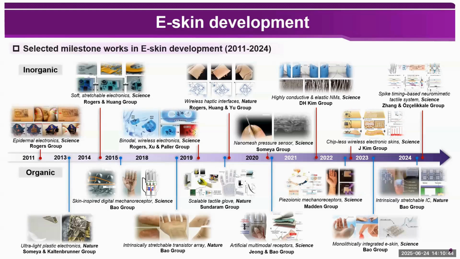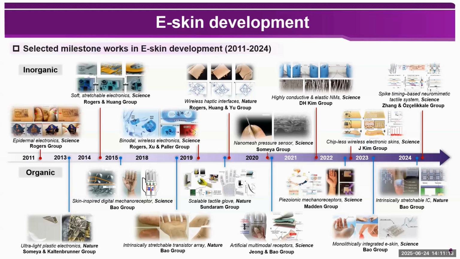Since the seminal work of epidermal electronics done by Professor John Rogers' group in 2011, there have been many significant advancements along the path of inorganic electronic schemes, such as the biolabile wireless electronic system for neonatal intensive care, the wireless haptic interfaces for VR and AR, and highly conductive and elastic nanomembranes for skin-integrated systems.